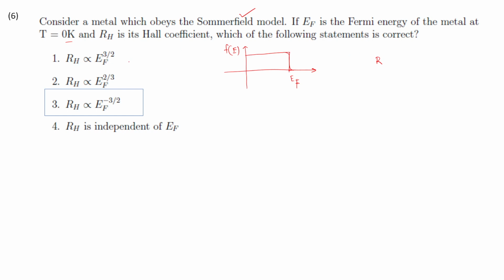the Fermi energy. So if you remember, the Hall coefficient is given by 1 over ne, where n is the density of electrons, or the number density of electrons, and e is the electronic charge.